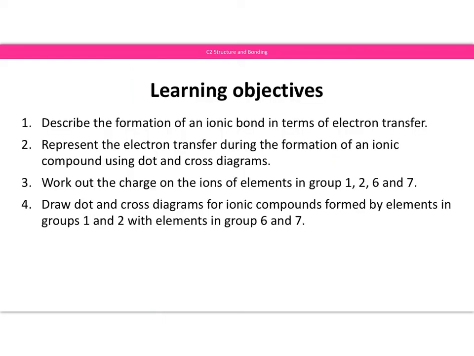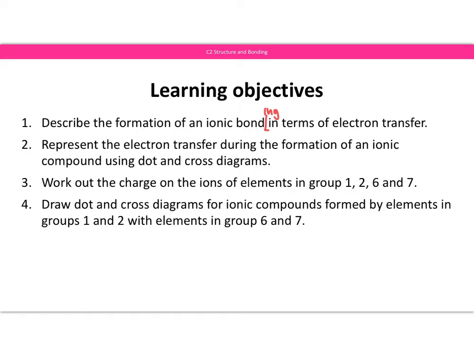So there are our learning objectives again. The first one is about how ionic bonding comes about in terms of electron transfer. I don't really like that word, I should have changed it. So can we think of it as bonding, please? So it's ionic bonding. We've got to show or represent this electron transfer. We're going to learn about something called dot and cross diagrams.